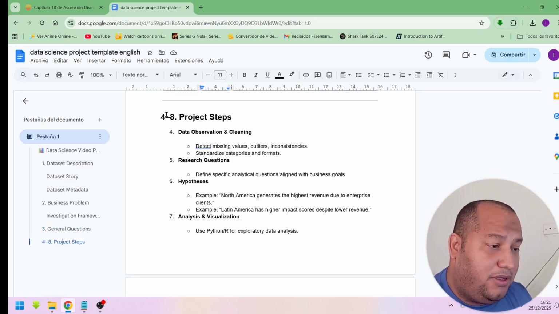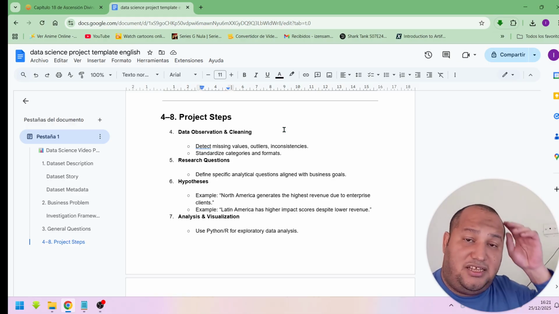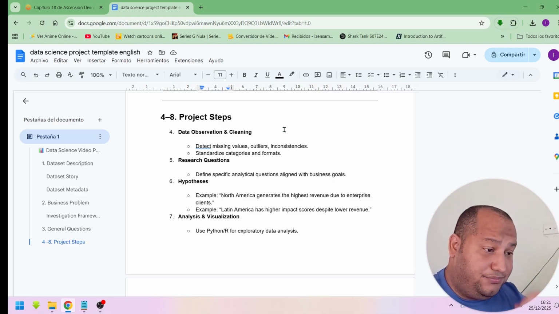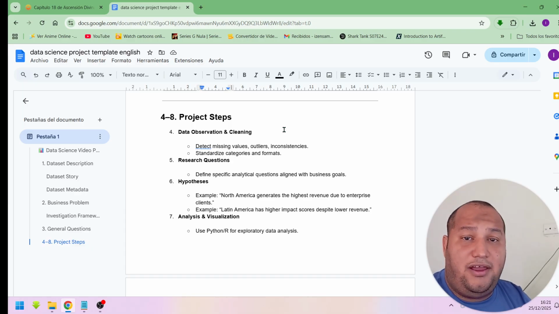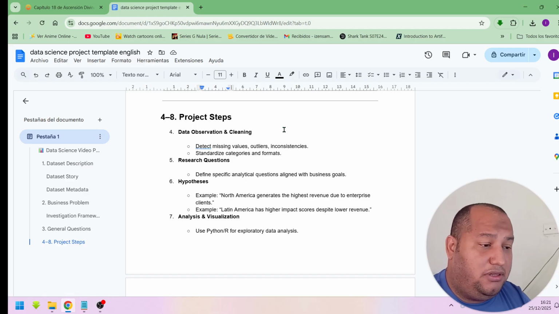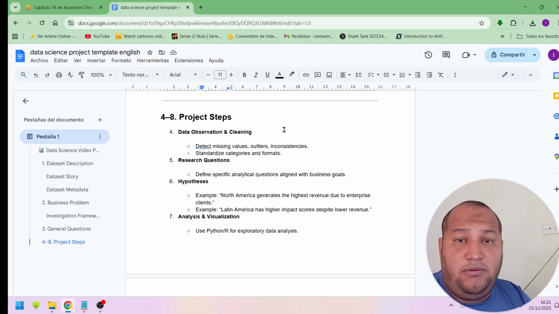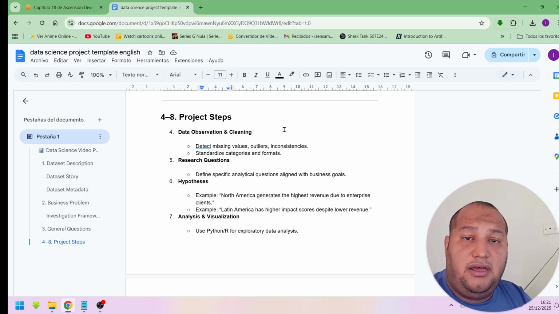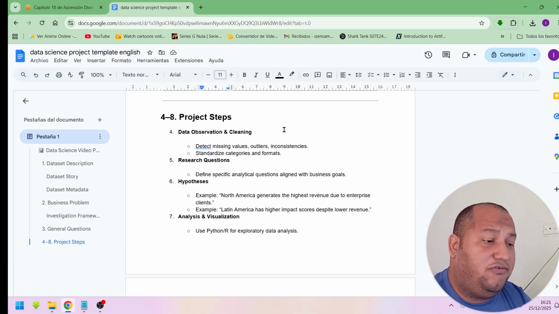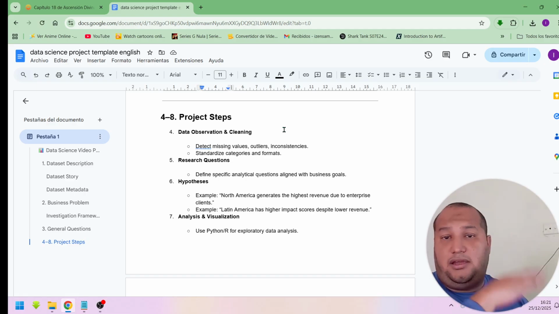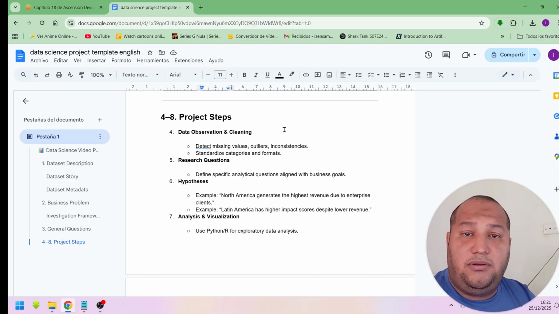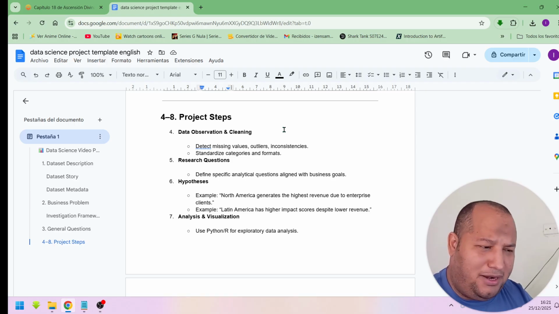And from step 4 to step 8, we have the data observation and cleaning. This data set doesn't contain any missing values or outliers. But later on, we're going to do a project that is particularly just for cleaning the data, which is another important part of data analysis that we also dominate.